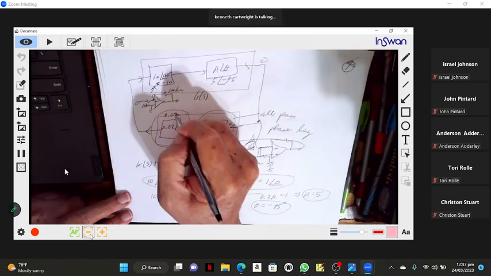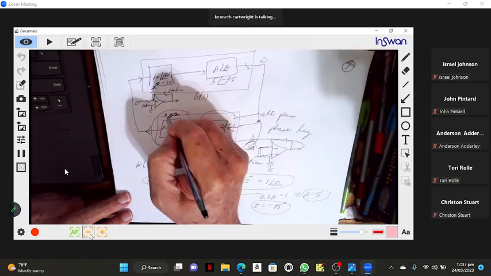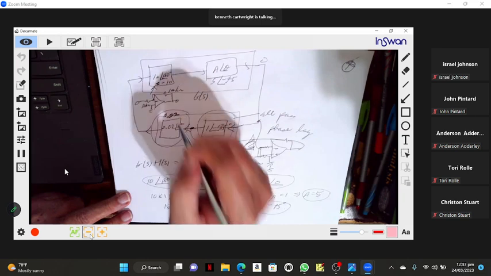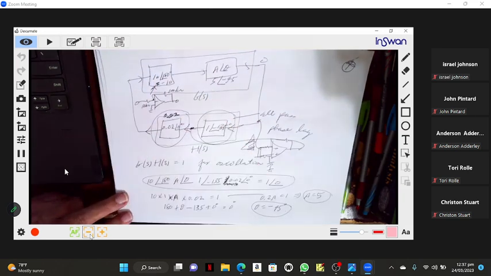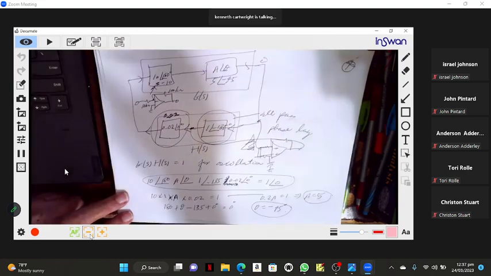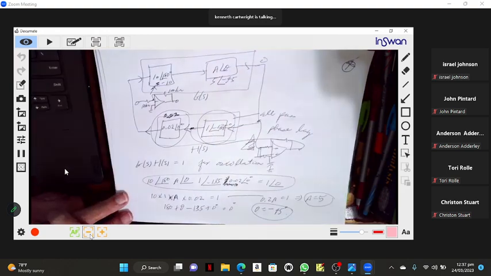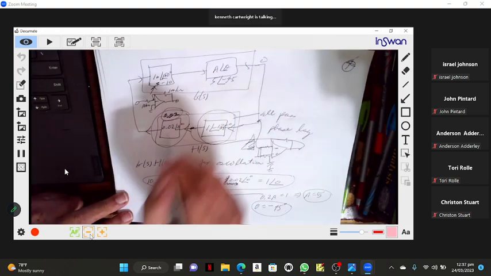So what has a gain of 0.02? What device output is 2% of its input? Because that's how you get a gain of 0.02.